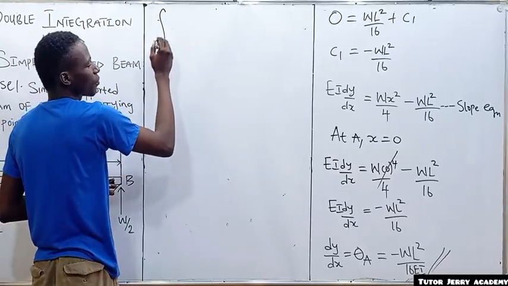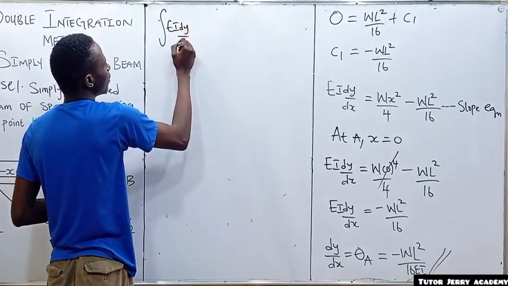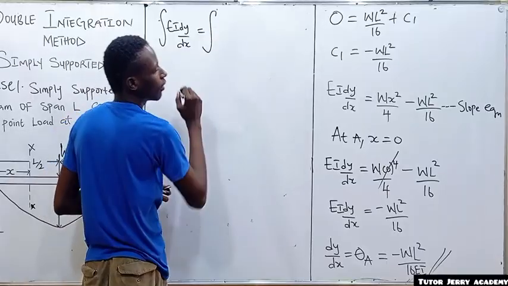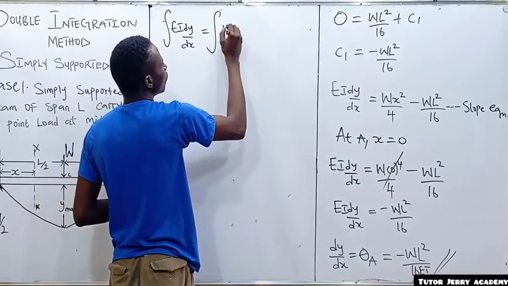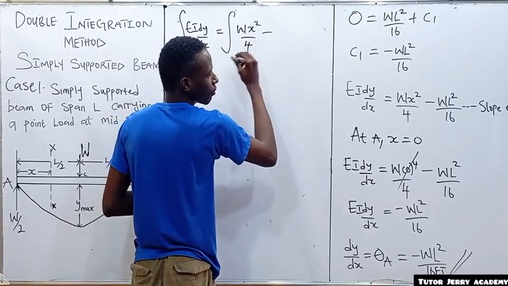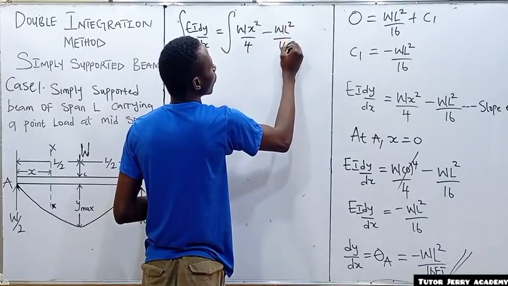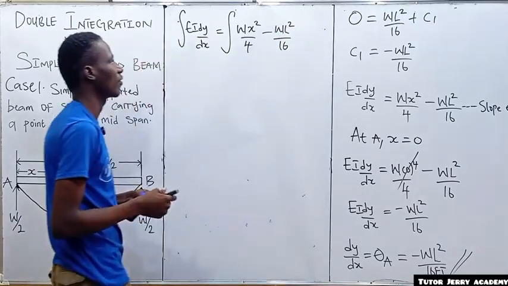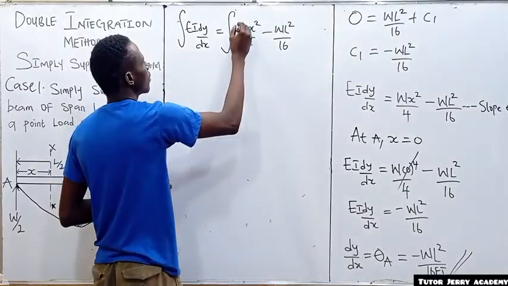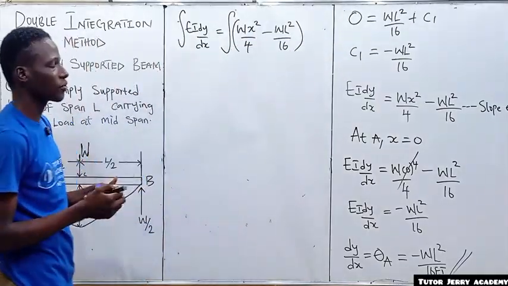If we integrate, we have the integral of EI dy over dx equal to the integral of W x squared all over 4 minus W L to the power of 2 all over 16. We are integrating with respect to x.